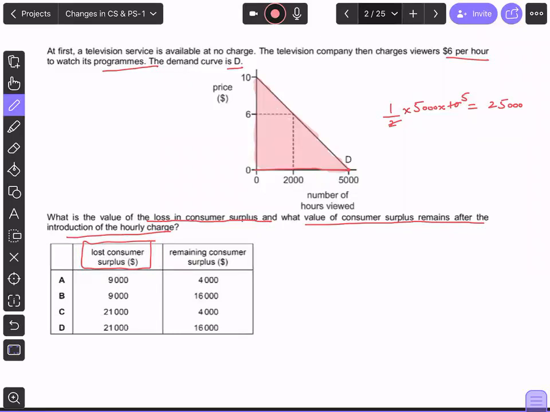Consumer surplus is the area below the demand curve and above the market price. So this area, when the price is $6, this whole area, this triangle, new one, is the consumer surplus now.